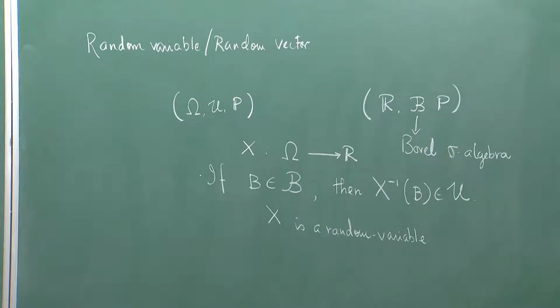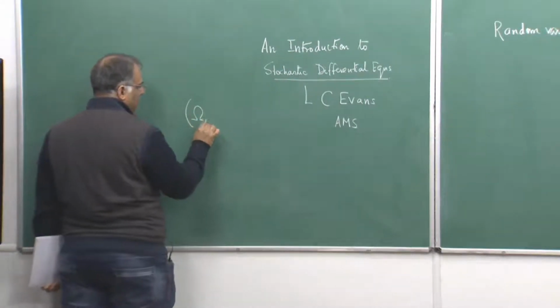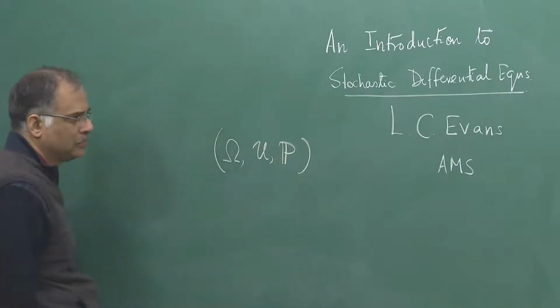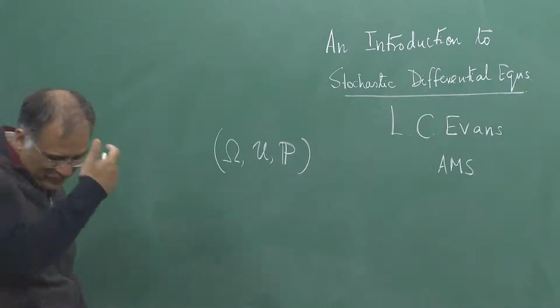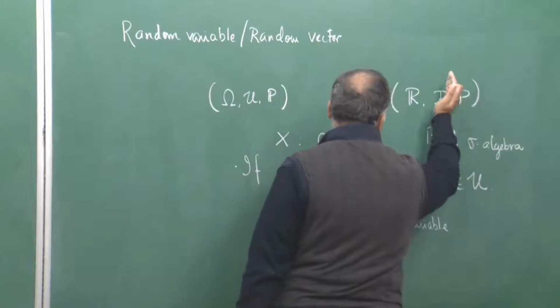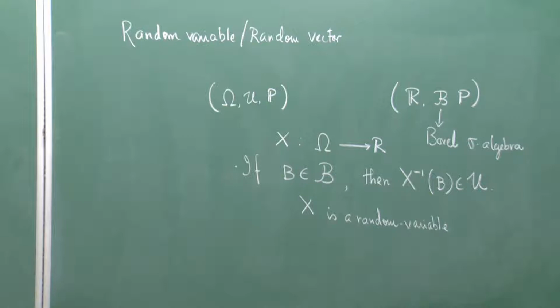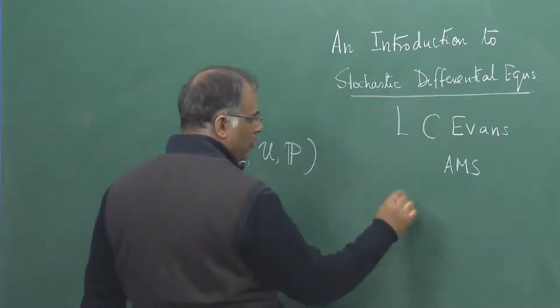This idea can be extended, and it is useful in some cases in finance to look at this extended idea of a random vector, where you have the same setting. In this case you need not bother about any probability measure, you can just forget it, and look into this measurable space.